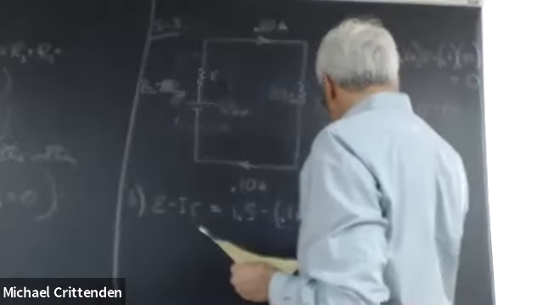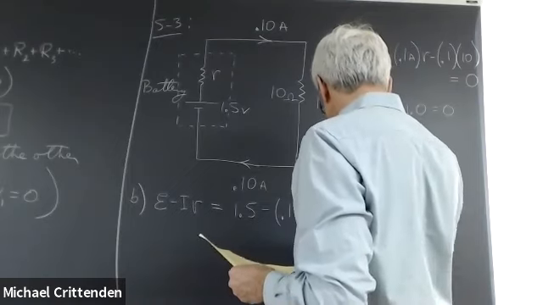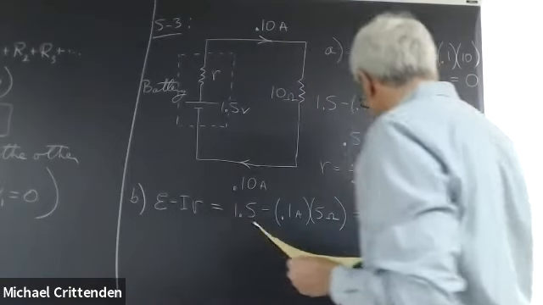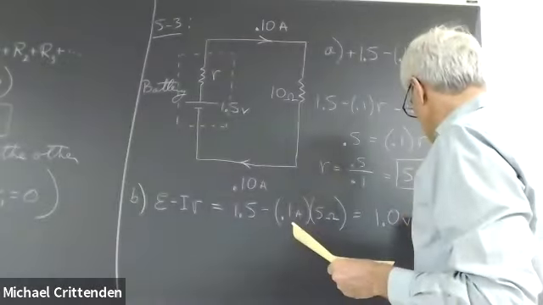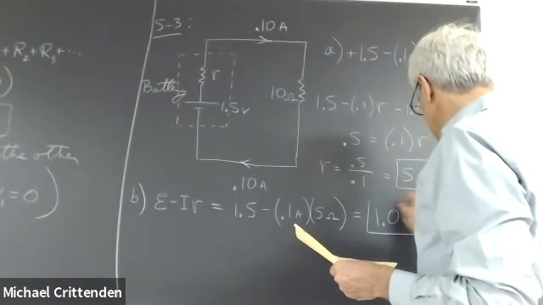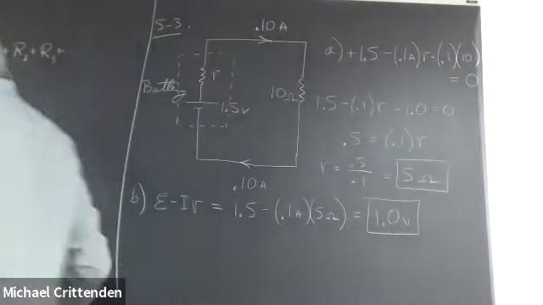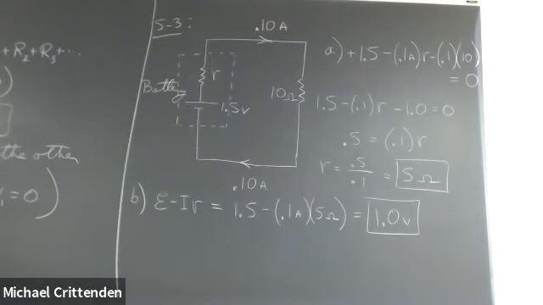And we now know the internal resistance is 5 ohms. So with this relatively small load on it, this supposedly 1.5 volt battery actually only has 1 volt between its terminals.